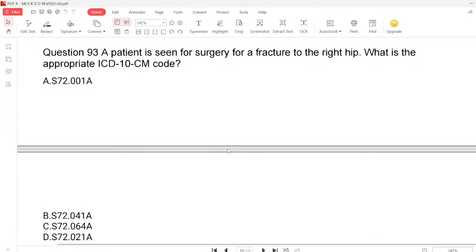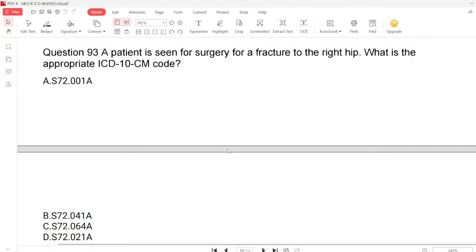No, actually, hip is not considered as femur. Check the code clearly, dear. The code specifies the hip fracture. S72.001A defines the fracture of an unspecified part of the neck of the right femur, initial encounter for a closed fracture.